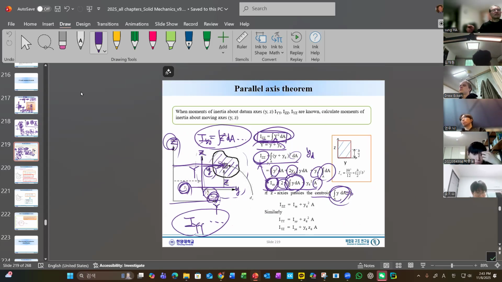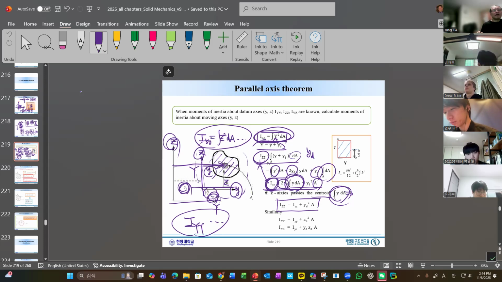So this is a typical case. With small y and z going through a centroid, this term will disappear, and then this will be further simplified like this.